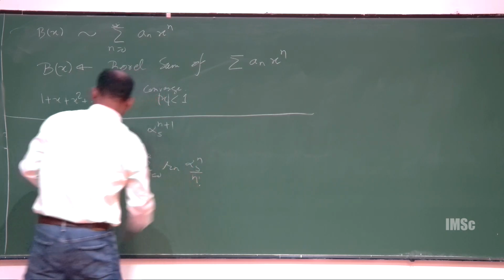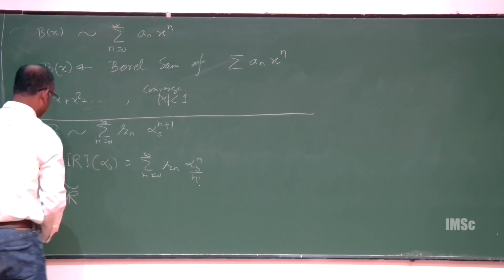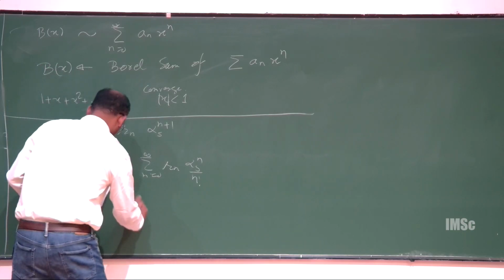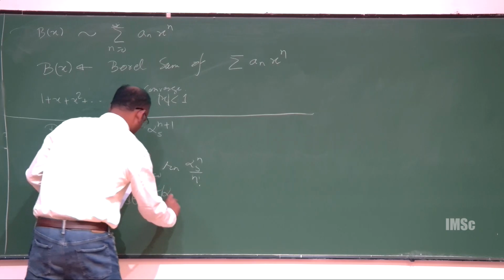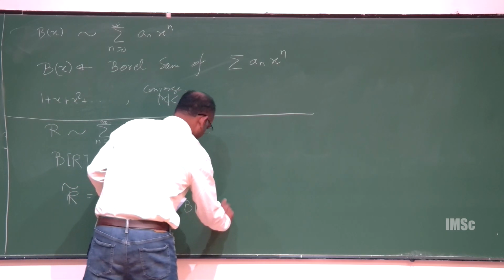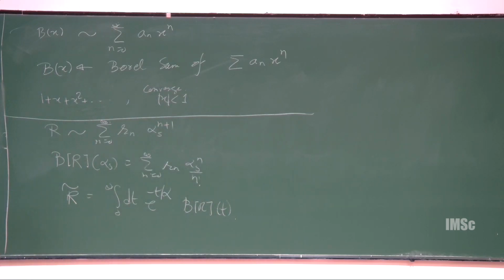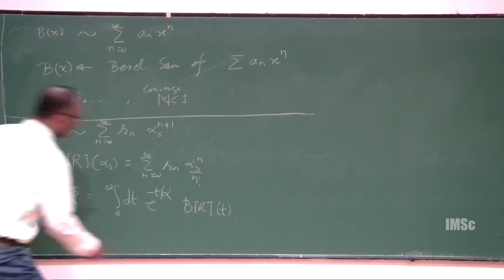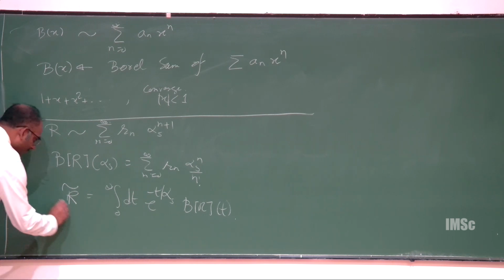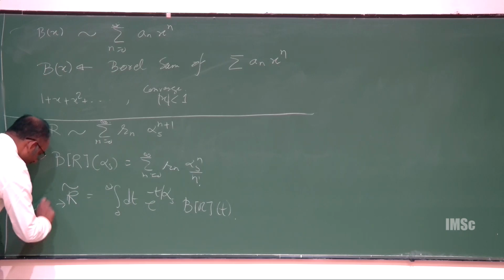Okay, same thing, and then by R tilde I will denote the Borel sum. It's the same thing as before. Instead of using xt, I am using t, and that's why you have a t over alpha here. Okay, so I've just changed the variables. You can check. So this is the Borel sum or Borel integral.